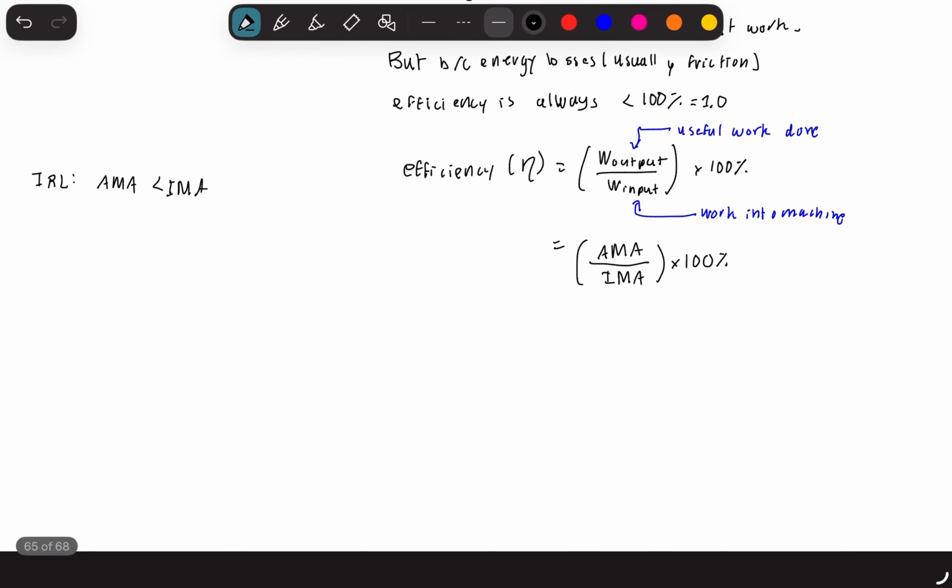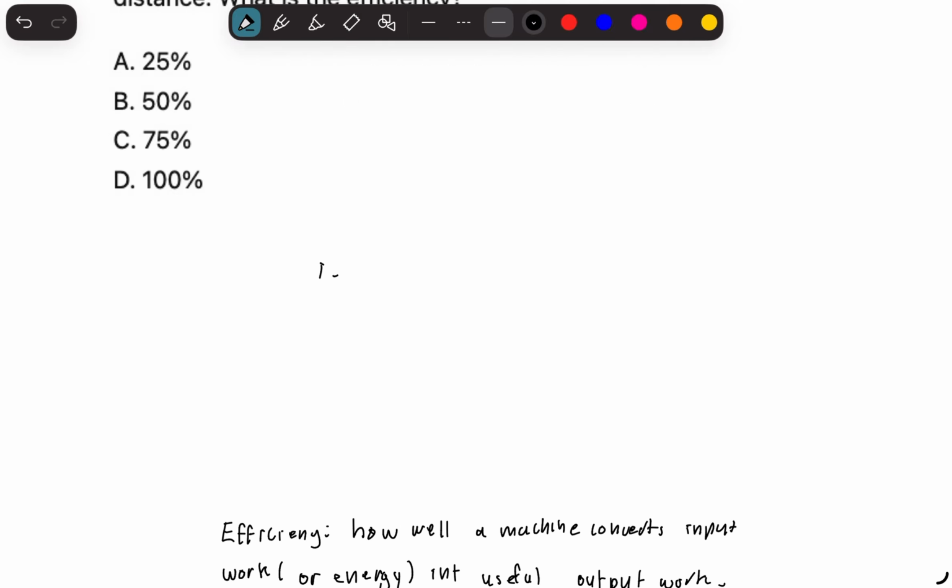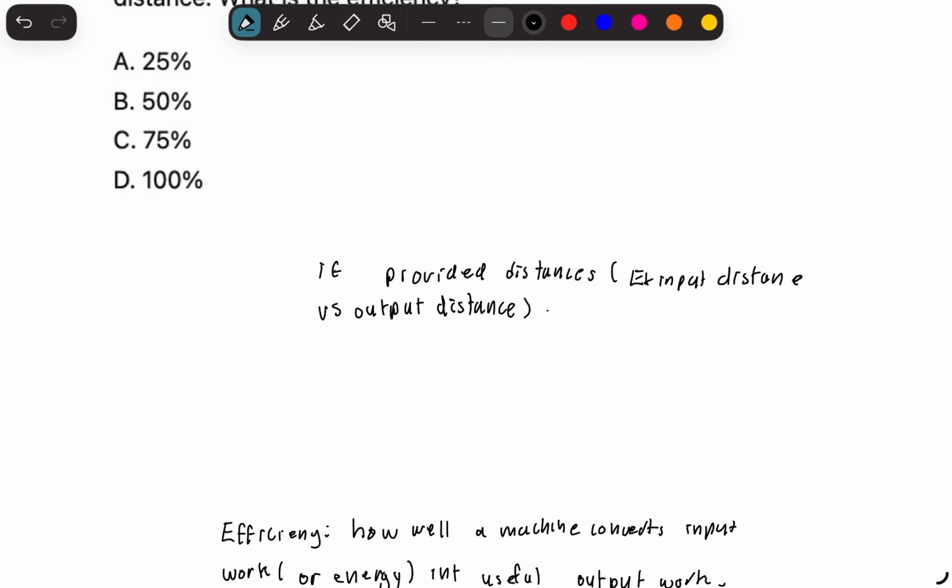So usually, if you are provided distances, like input distance versus output distance, you're going to use that to find your IMA.